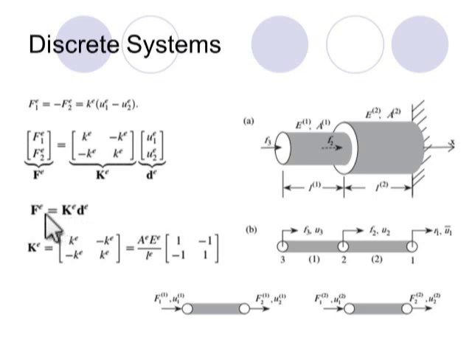So the force acting on the nodes is equal to the stiffness matrix K of the element multiplied by the displacement vector of the element. Here the superscript E denotes the elemental values.